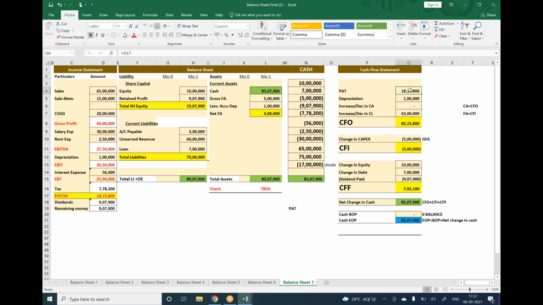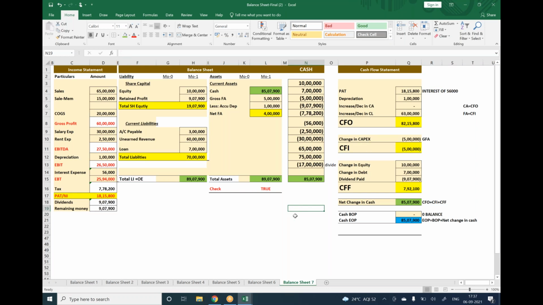So 18 lakhs is coming after deducting the interest of 56,000. Only after that you're getting this much money. So it is already calculated in your profit after tax. Good. Fantastic.